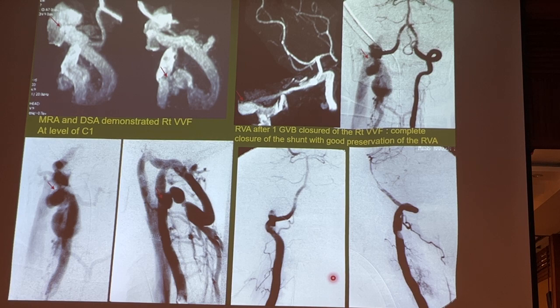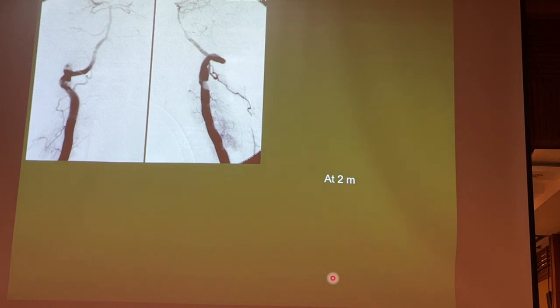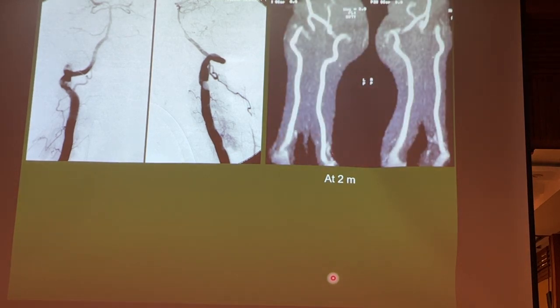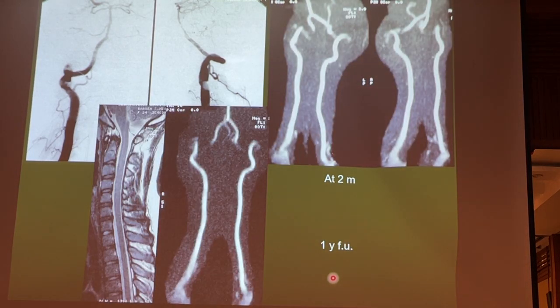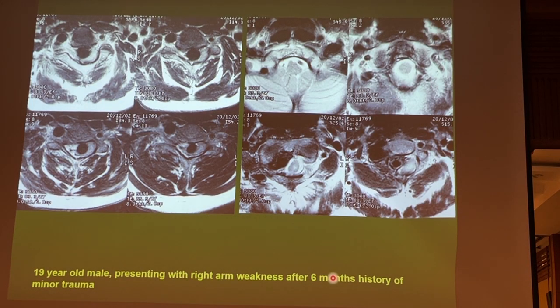This is one of the lower percentage where we can preserve this. For sure, you need to make sure that you have quite long-term follow-up. This case, we have 1 year follow-up, and there is no more opening, and the symptoms actually improved.